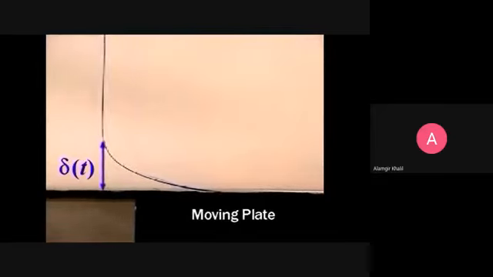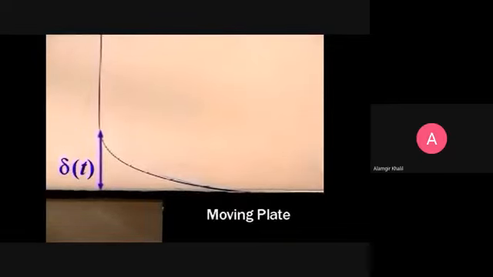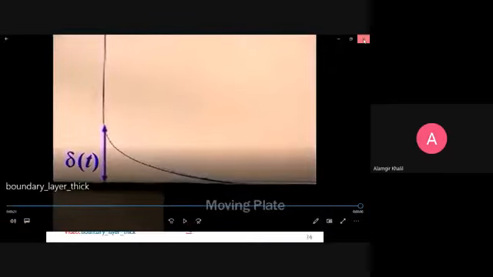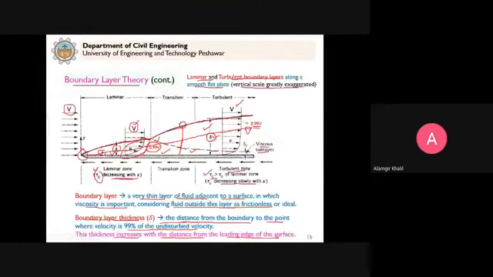This is the boundary layer effect that comes. So now we are interested to calculate what is this delta at any distance x on this body.